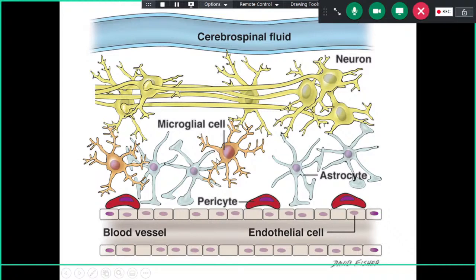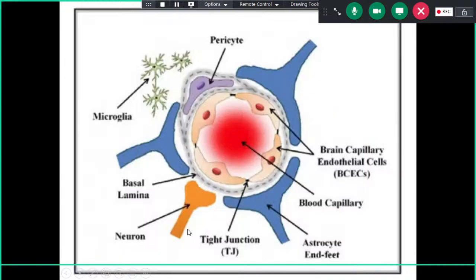So all these microglial cells, astrocytes, etc., that surround the blood vessels will automatically synthesize a large number of different cytokines, and these cytokines will cause disturbance in the blood-brain barrier, and then the fluid as well as leukocytes, WBC, will start leaking into the brain parenchyma, and it can cause havoc and inflammation inside the brain parenchyma.